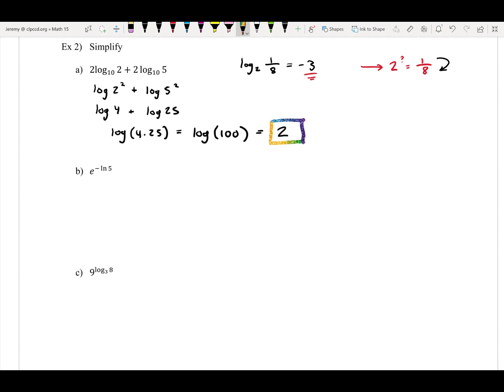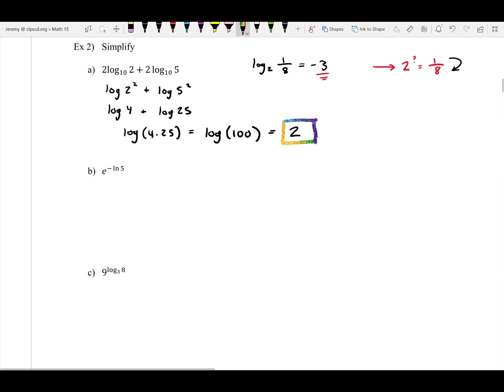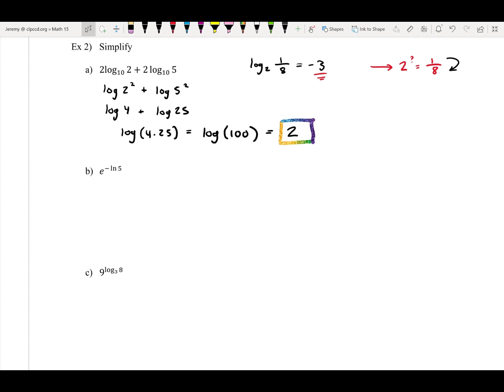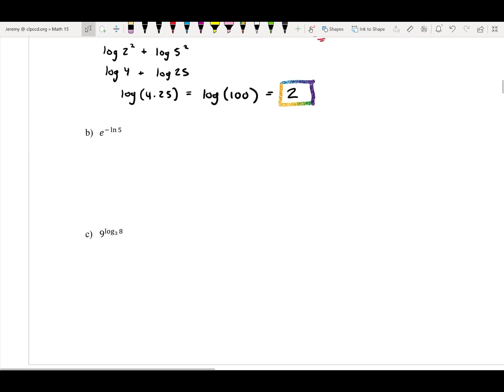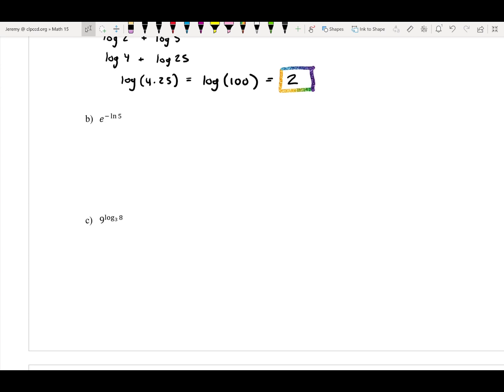Okay, so by applying these properties of logarithms, we were able to simplify this down to where we could just evaluate this by hand. All right, part B, e to the negative natural log of 5.